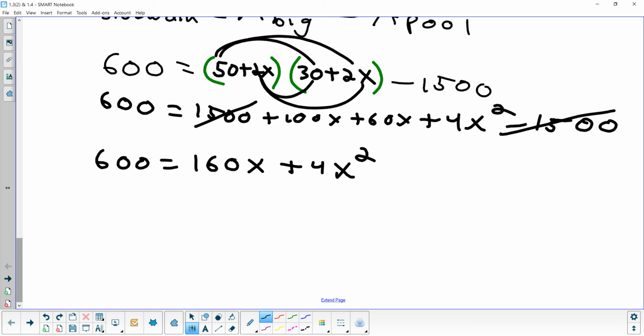Does anybody remember what kind of equation that is when the highest exponent is a 2? Begins with a Q? Yep. Is it a quadratic equation? Yeah, it's a quadratic. So there's a couple different ways we can try to solve it. We can try to factor it. But this one's not going to factor.